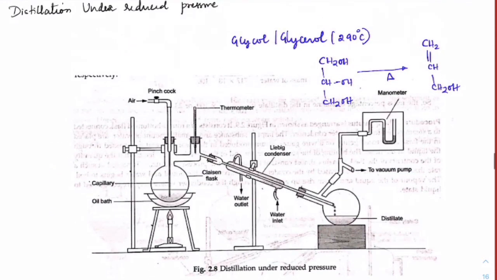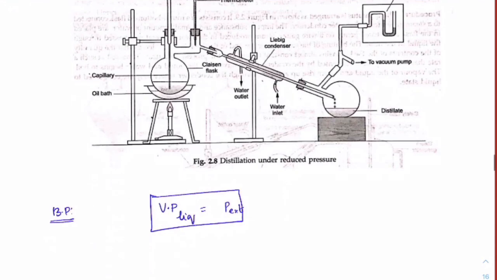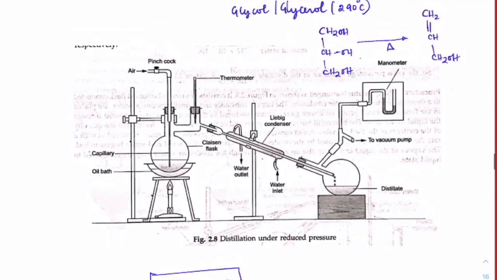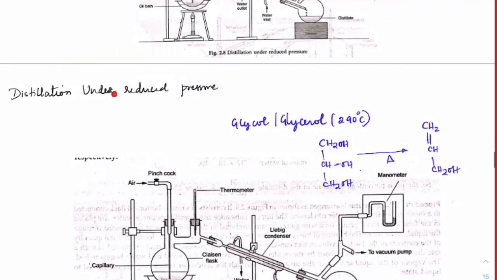Now, if the external pressure is very low, then the vapor pressure of the liquid will also be met easily at a lower temperature. Everybody understood that? So the idea here is to reduce the pressure so that even at a lower temperature, the entire glycerol will get vaporized.